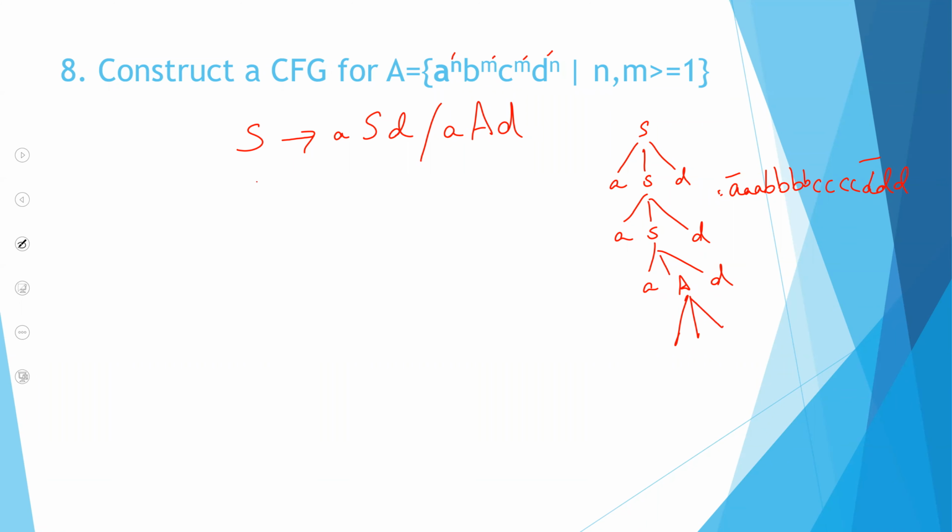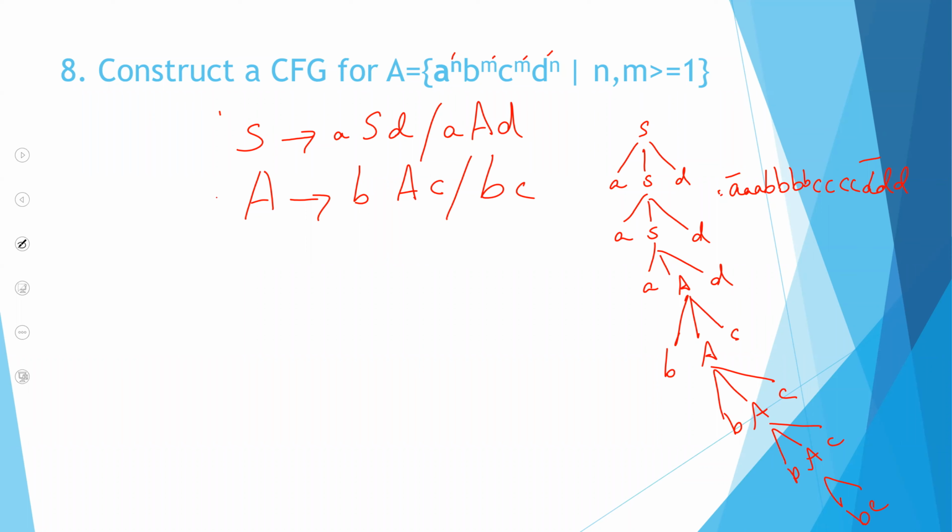Now I need to focus on my B's and C's. Whenever I have a B, I should have a C. This can go on until I finish off with a B and C.